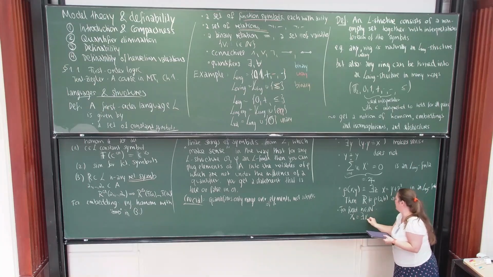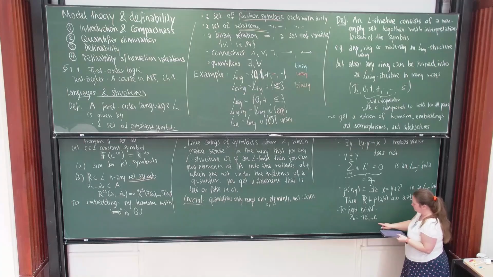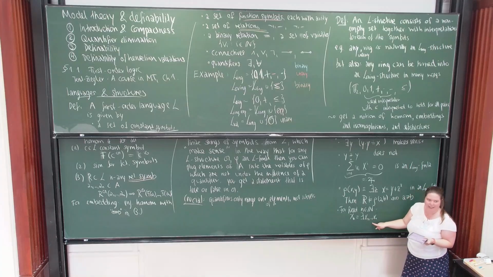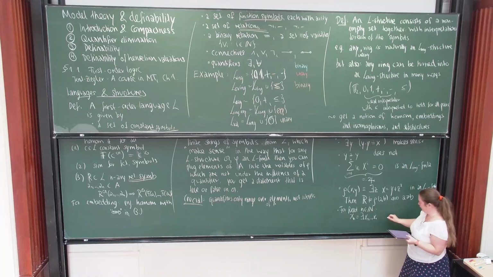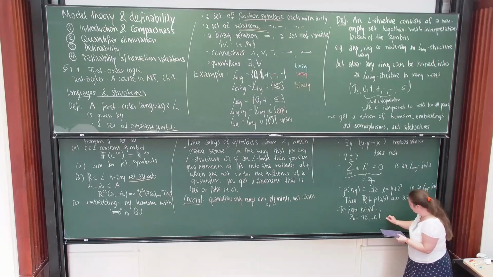There exist x1 up to xn. Really, I'm doing an abbreviation immediately: these are n existential quantifiers one after the other. I've just already written them all as one. I hope you forgive my indiscretions.